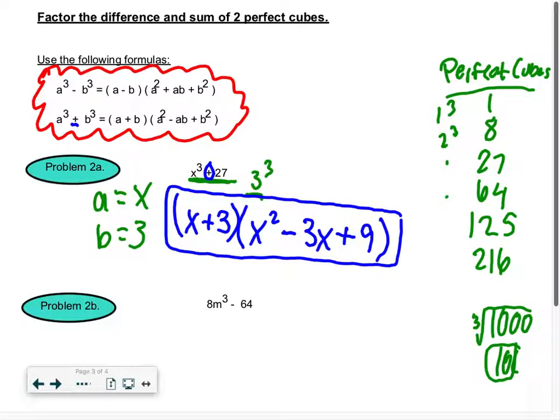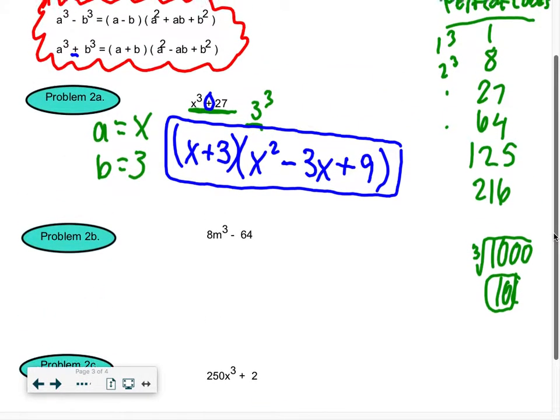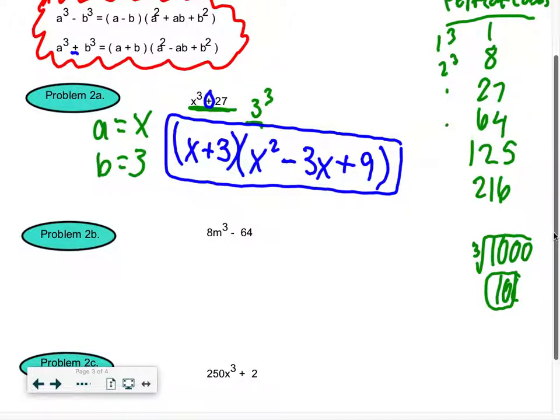Write down your second problem: 8m cubed minus 64. Just like before when we were factoring quadratics, step 1, always look for if they have something in common.